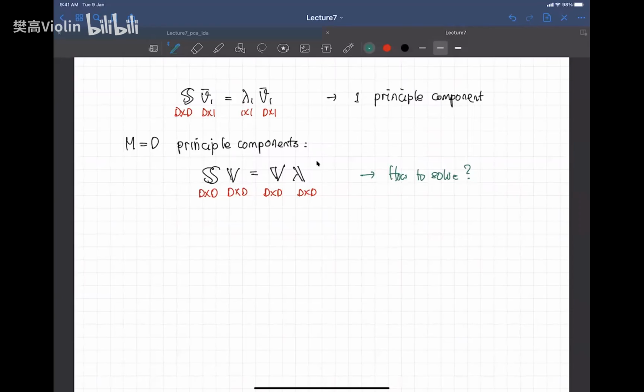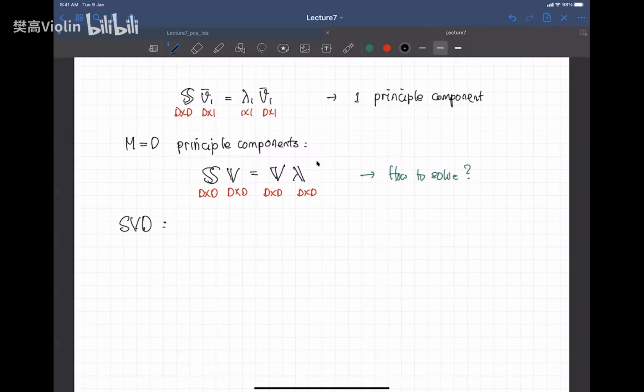Well, the easiest way, because now we just want to get the eigenvalues and eigenvectors, is using SVD. In practice, we can just use SVD, singular value decomposition.